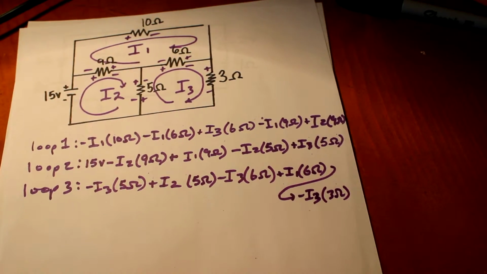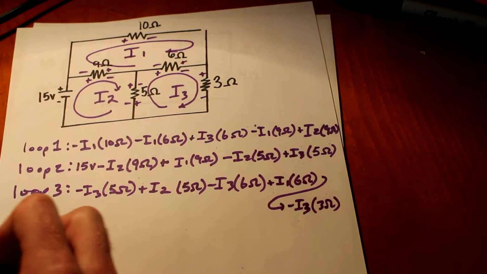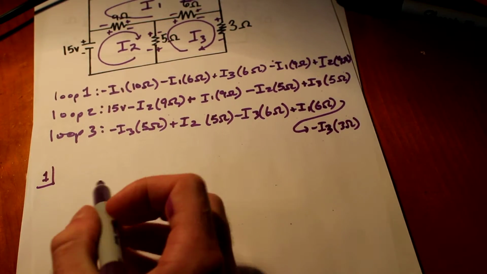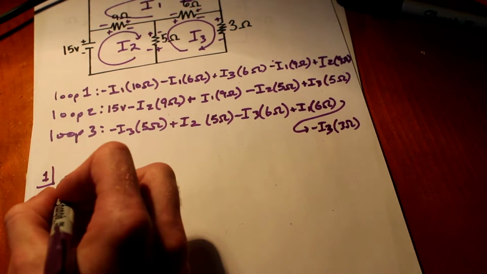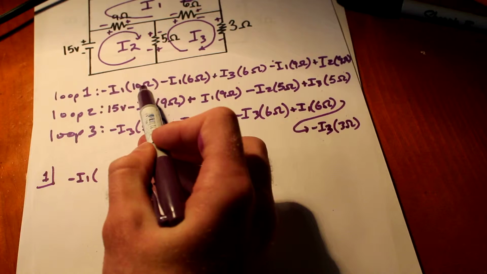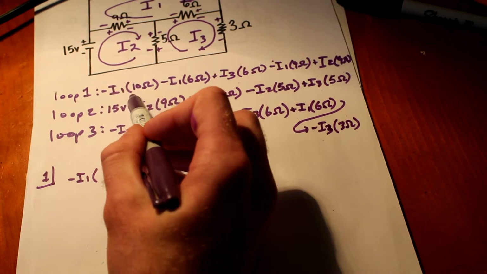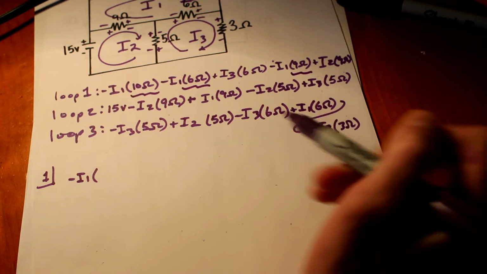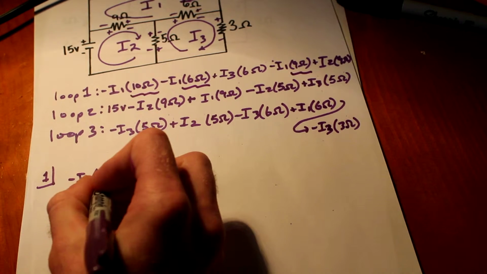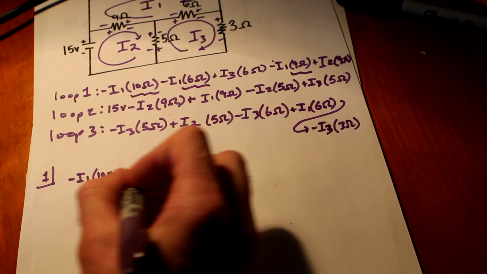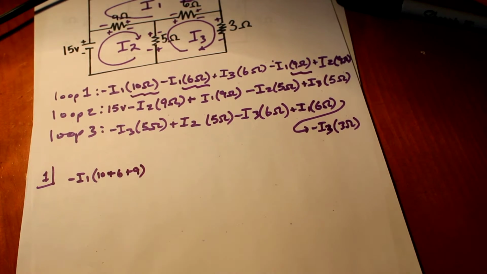Okay, so let's simplify this a little bit and clean it up. We'll say loop 1 right here. We have minus I1 times, we've got a 10, a 6, and a 9, so we're going to go 10 plus 6 plus 9, okay?